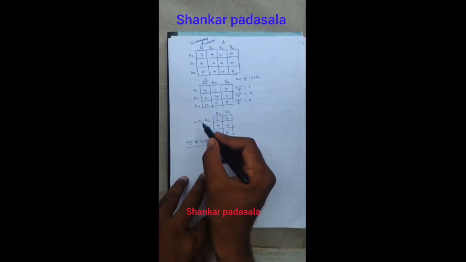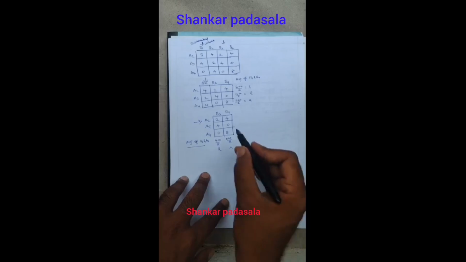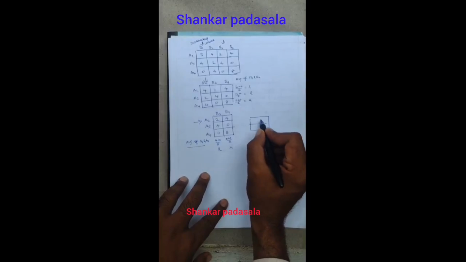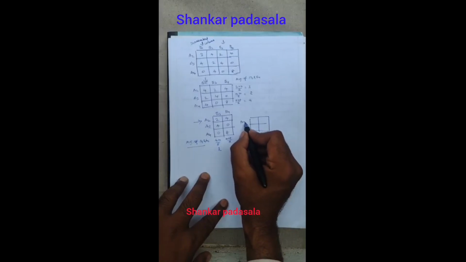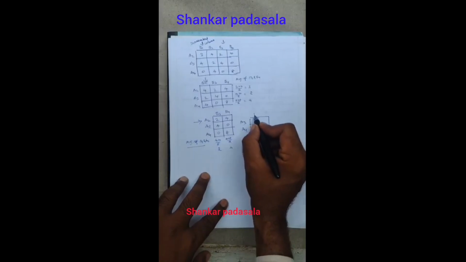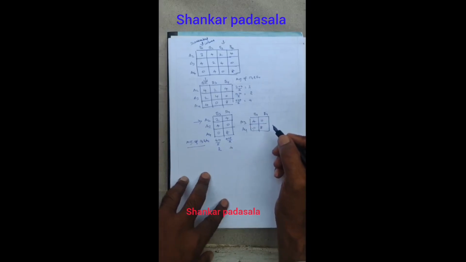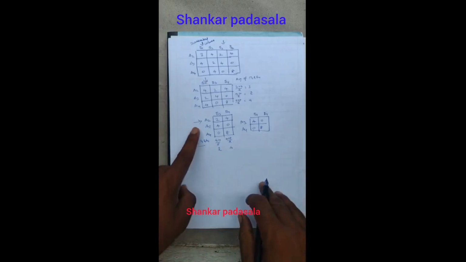So A2 here is a dominated row, so I can remove it. The remaining values I can write down. Here are A3 and A4, here are B3 and B4: 4, 0, 0, 8. So understand here A2 is dominated against the average of A3 and A4.